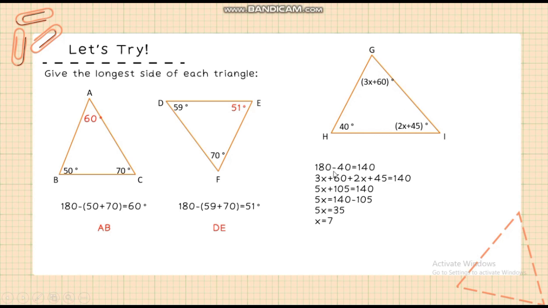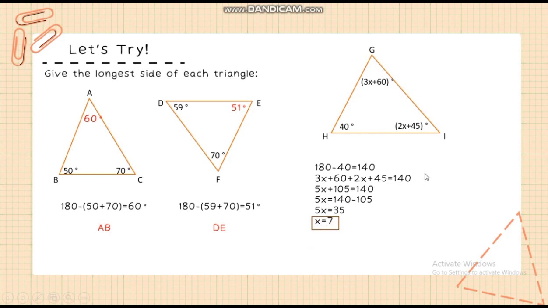So 3x plus 60 plus 2x plus 45 is equal to 140. We're just going to add the like terms. It's 5x plus 105 is equal to 140. Now we're going to transpose 105. So 5x is equal to 140 minus 105. So 5x is equal to 35. Divide both sides by 5. So x is equal to 7.